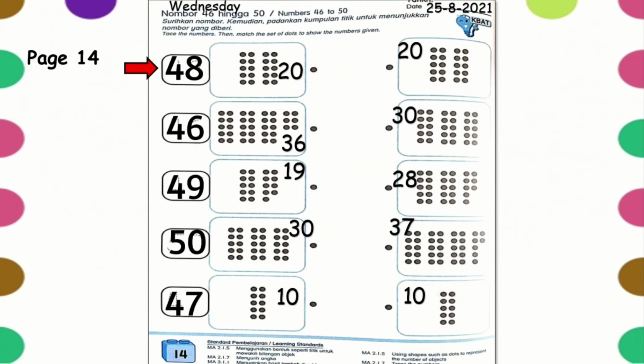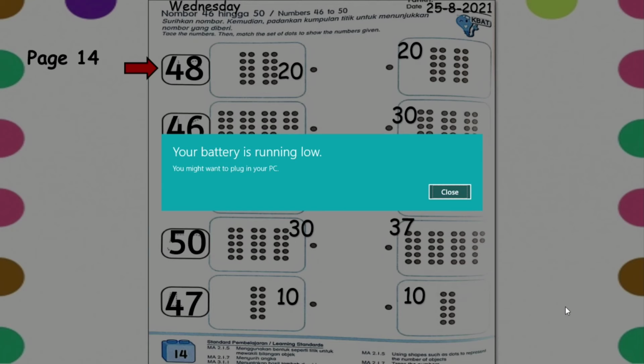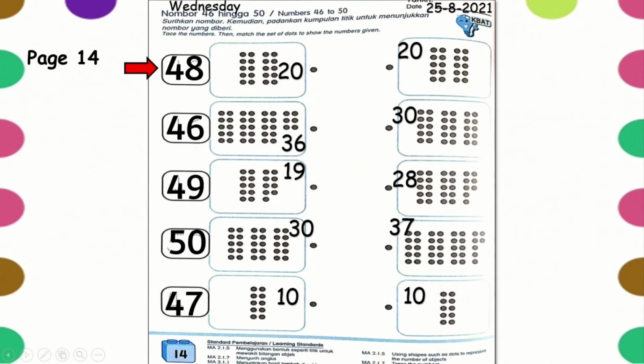48. So we need to find the match for number 48. But the given dots here is only 20. So we need to find the balanced dots. To find the balanced dots, what should you do?